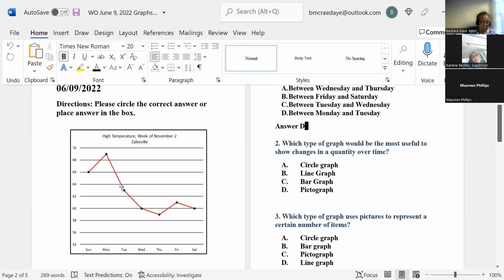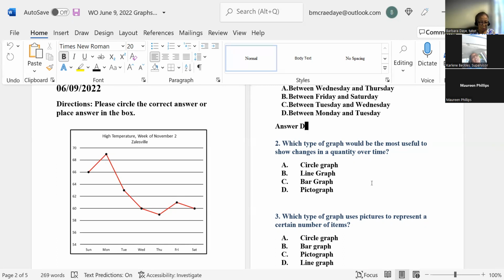Monday to Tuesday is longer than Tuesday to Wednesday and Wednesday to Thursday, and of course Thursday to Friday is an increase. It went up. And the decrease Friday to Saturday is a lot shorter than this one. Maureen, you understand now how you find it? Now, number 2, Maureen, read number 2 and tell me what you think the answer is.